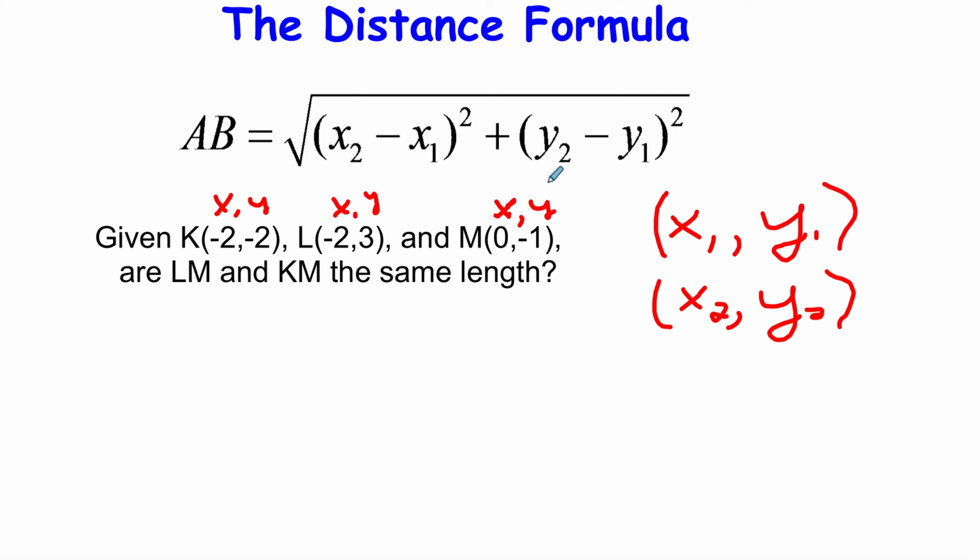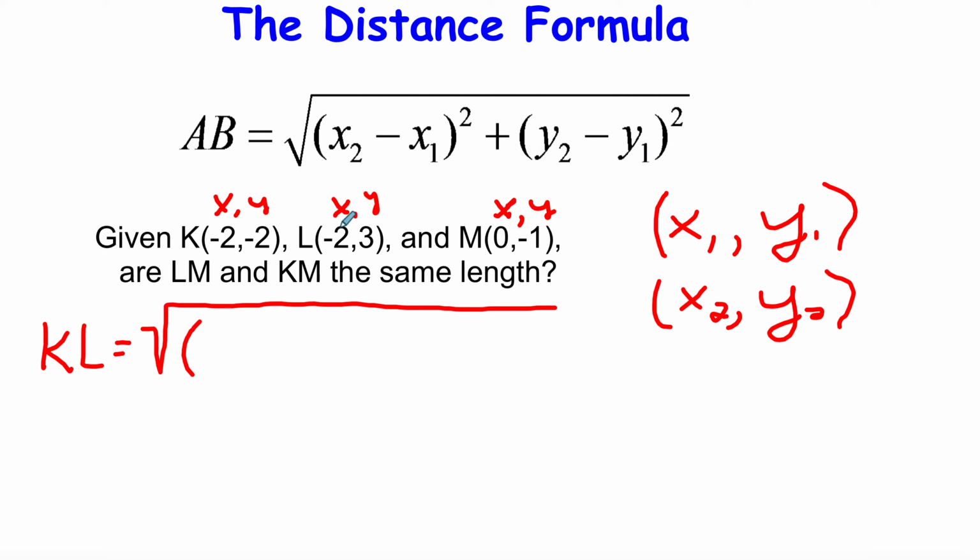Well, we need to use the distance formula to do that. So I'm going to find just first the distance between K and L, and then what I want you to do when I'm done is find the distance on your own between L and M. KL equals the square root of x2 minus x1. Well, the second x coordinate is for L, so that's -2, minus x1, which is the x coordinate for the first point, which is also -2.